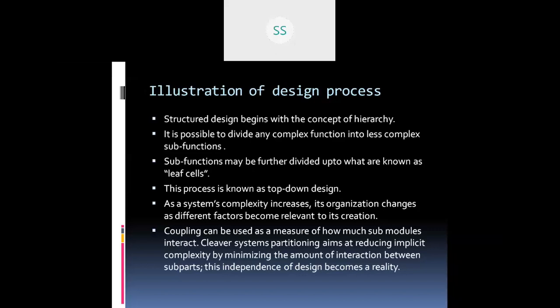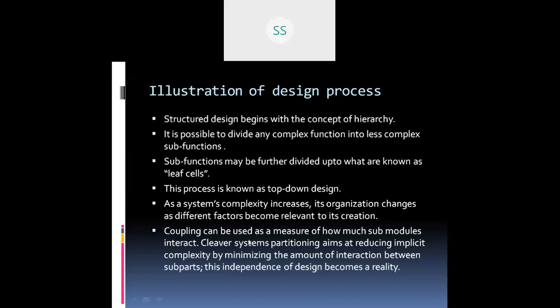This approach is known as the top-down approach: taking a complex system and coming down to very low complexity by dividing the system into many subfunctions. Our design begins with the complex function and moves on till we reach the leaf cells.